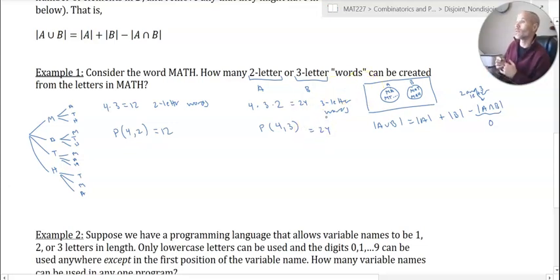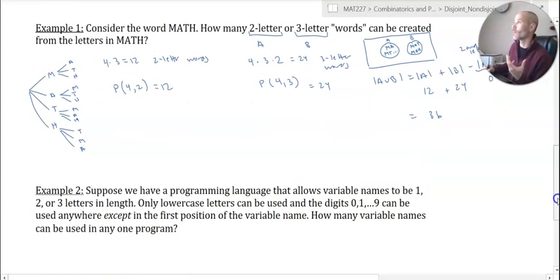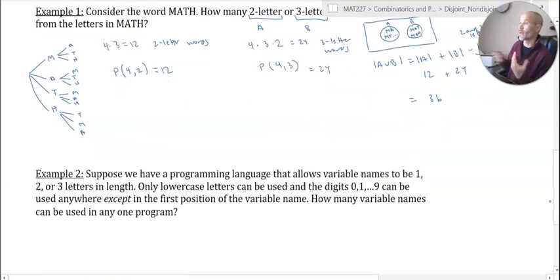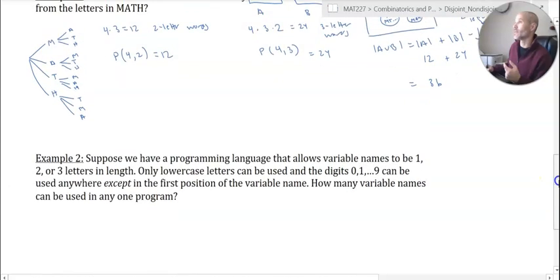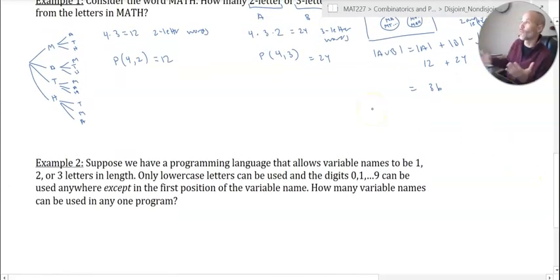And now you want to count the number of words that are 2 letters or 3 letters, so now we can say this is going to be 12 plus 24, which equals 36. Very nice. So that's how the idea of disjoint, non-disjoint applies to counting groupings of multiple things, or multiple groupings of things.